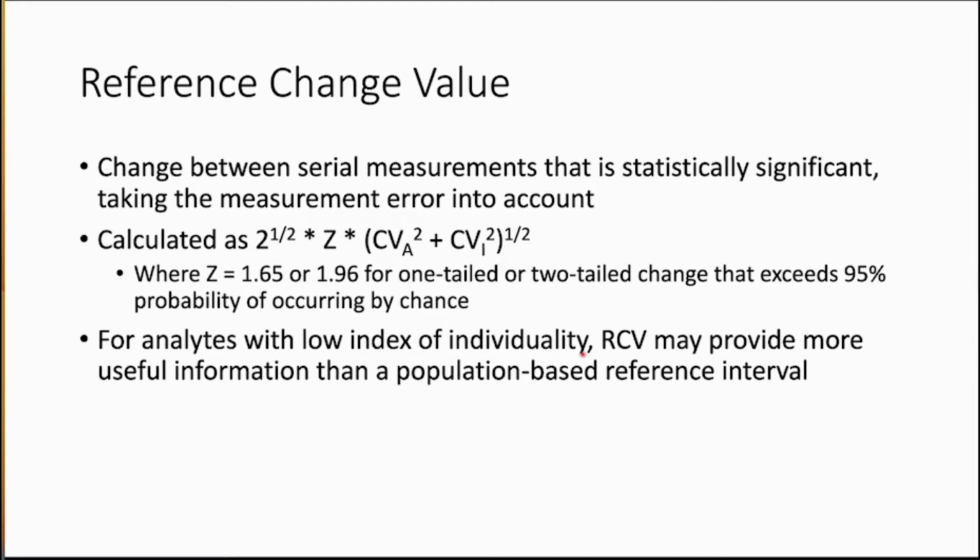So while in theory this is a useful tool, and maybe with personalized medicine is something that might be adopted more widely, it would require knowing each person's fluctuation around their set points, which currently is just impractical for obvious reasons.